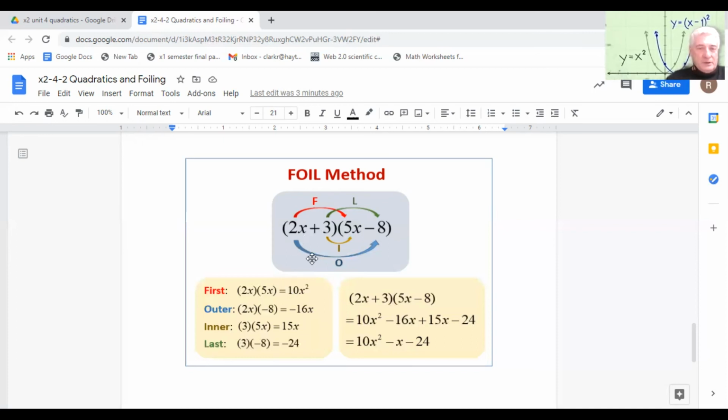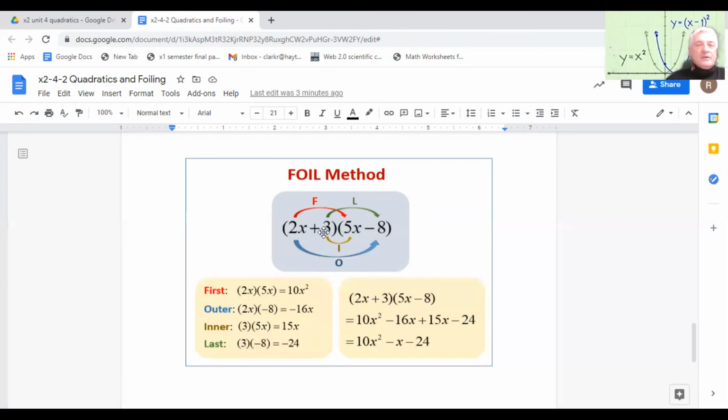The next one is the blue, it's the outer. 2x times minus 8, and they have minus 16. For the inside, the inner, they have 3 times 5x, they got 15x for that. Check that, 3 times 5 should be 15 with an x.